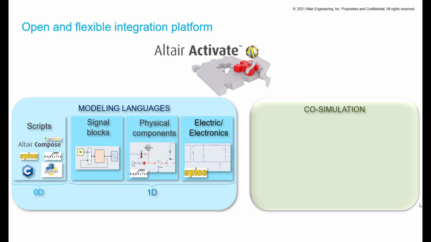And also the approach for modeling that may first come to your mind with system modeling would be the block diagram approach, or a 1D approach, we like to call it.